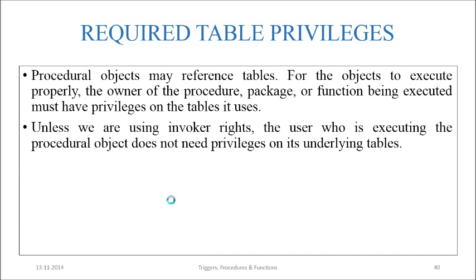The table privileges required for procedures: one procedure may reference more than one table. So for the objects to execute properly, the owner of the procedure, package or function must have privileges to use that table. Unless we are using invoker rights, the user who is executing the procedural object does not need any privileges on its underlying table.